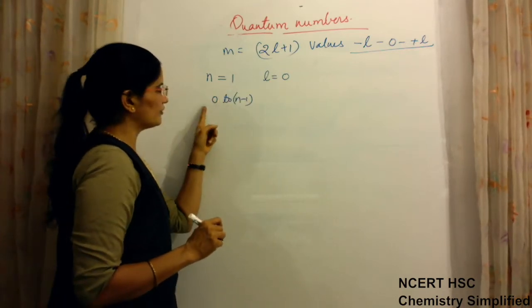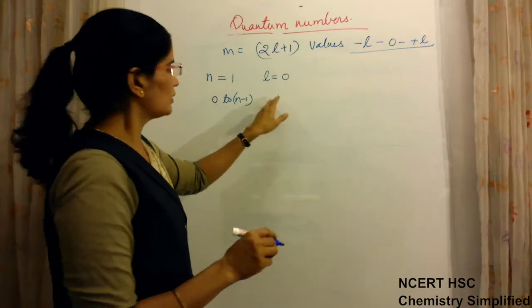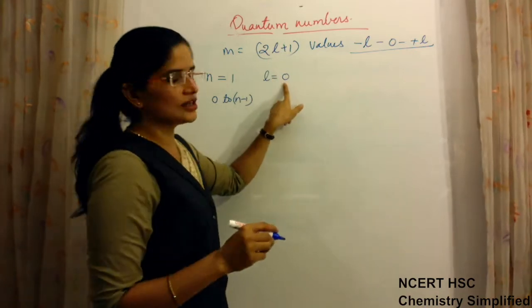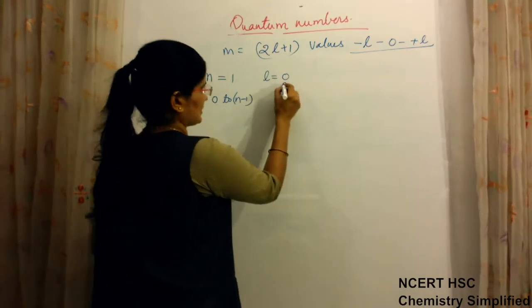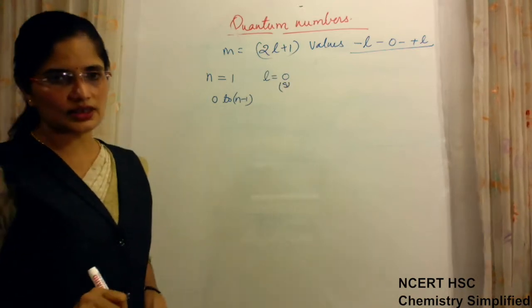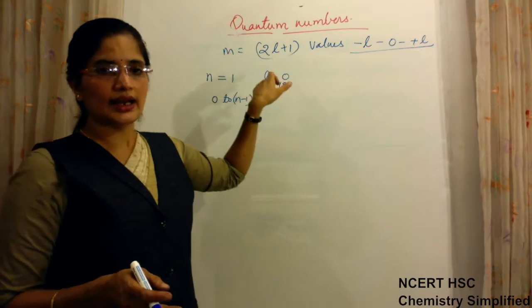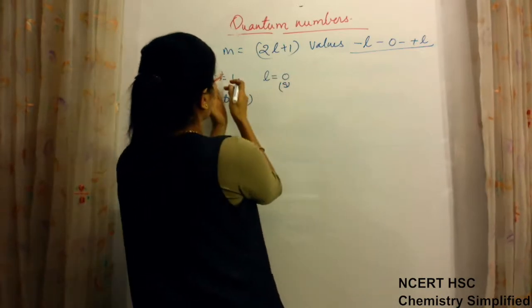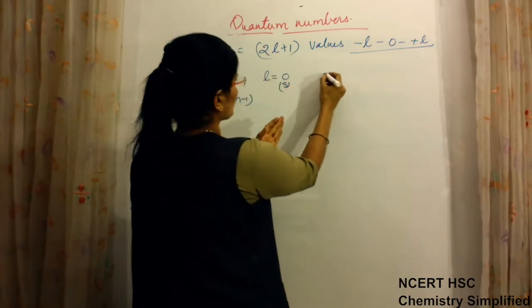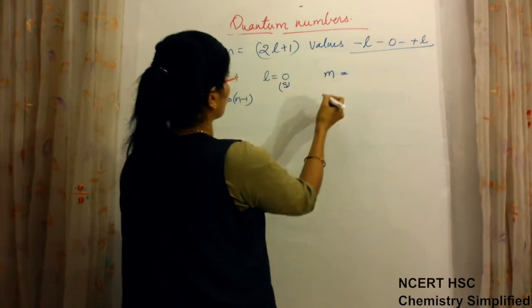So it has only one value, that is 0. Clear? Then l is 0 and 0 corresponds to s. That means we are talking about the s subshell.